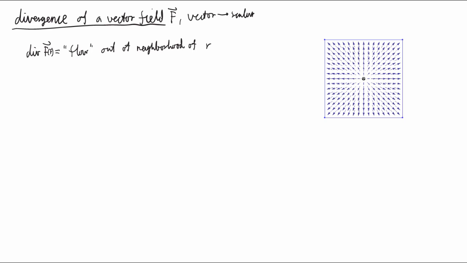Here is a vector field, a very particular one. You can see that all the vectors flow out from a point in the center here.